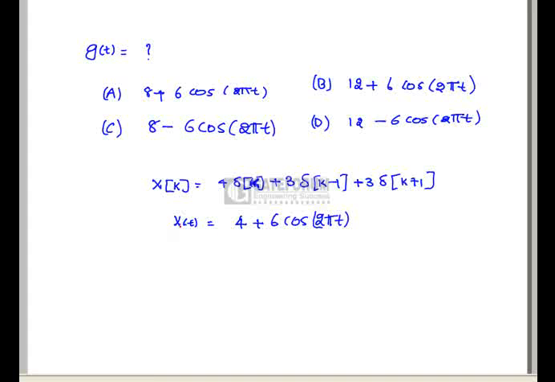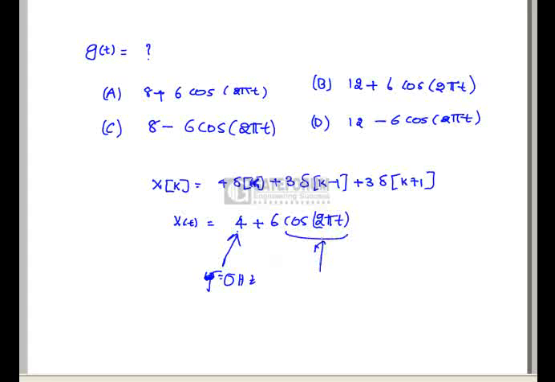If we apply this x of t to the h of s, which performs the filtering action on the x of t, the frequencies present in the x of t are the DC signal as well as the frequency of 1 Hz. Here for this term frequency is 0 Hz.